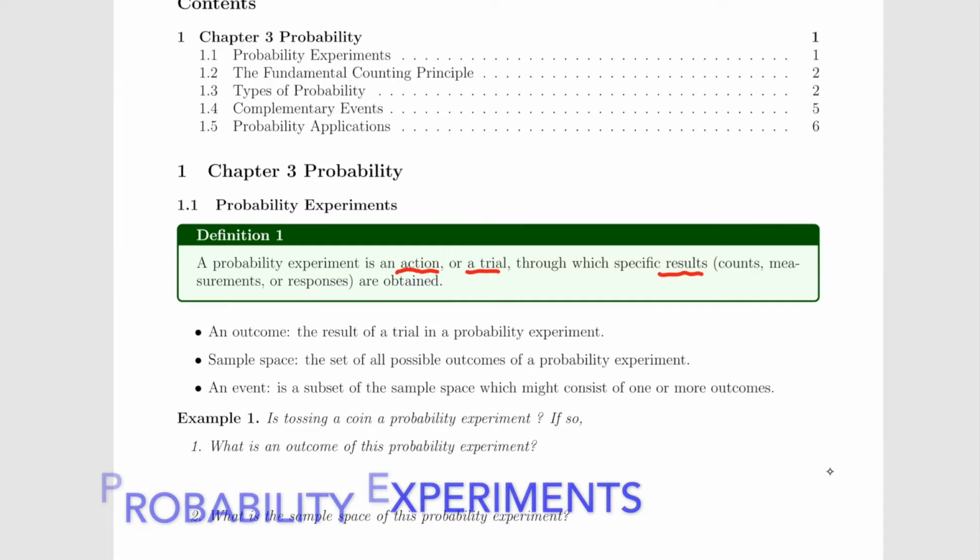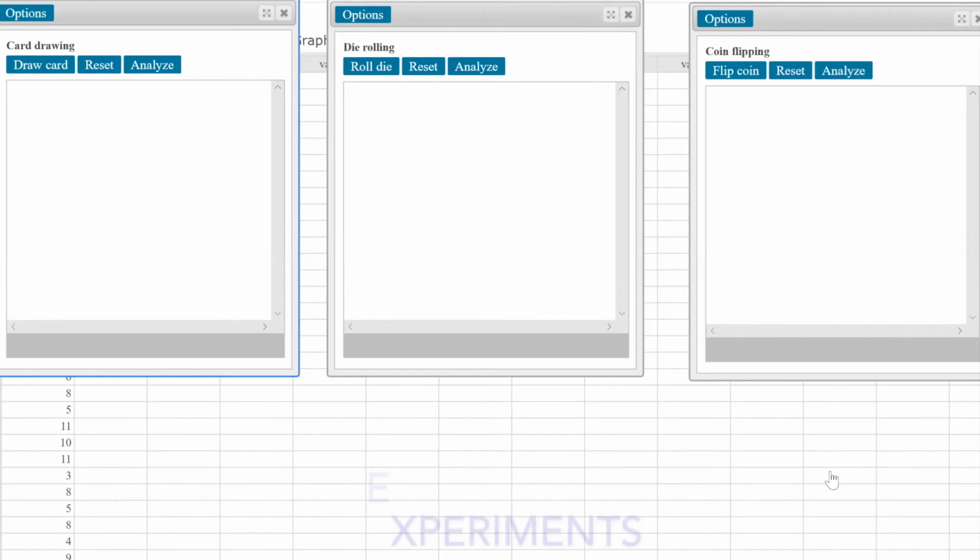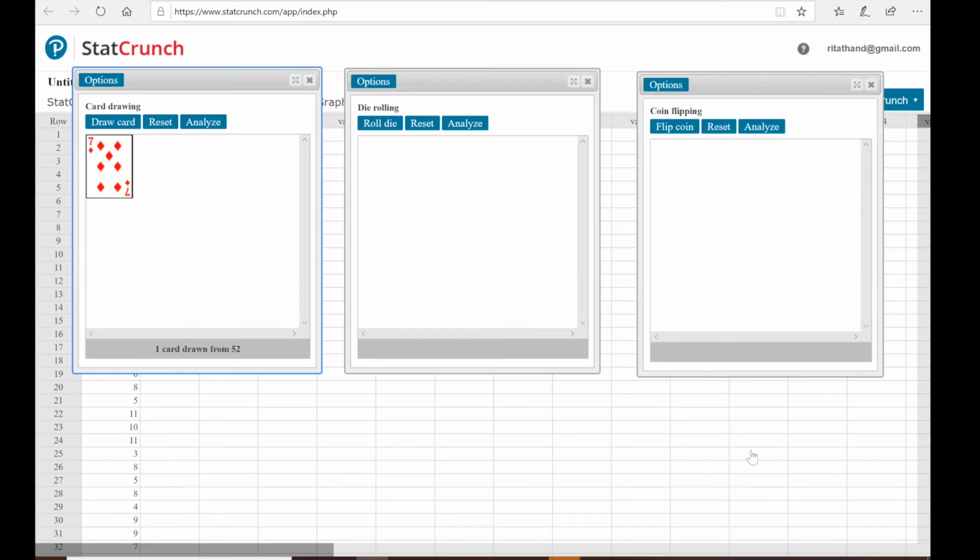So let's look at some simple examples of probability experiments. First, if you draw a card from a standard deck of cards, it is a probability experiment. So you draw this card, you get a 7 of diamonds, right?